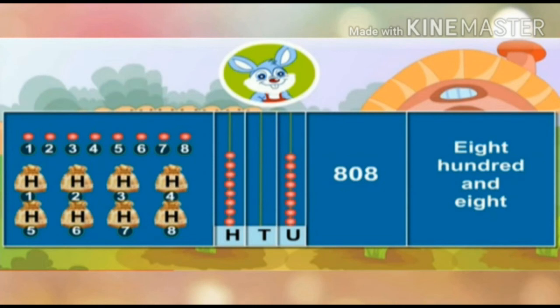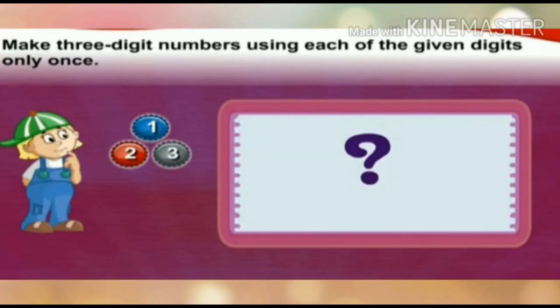So, at the wire of 100, we will have 8 beads. There will be no beads at the tens wire and 8 beads at the units wire. In figures, it is 808, and in words, it is eight hundred eight.